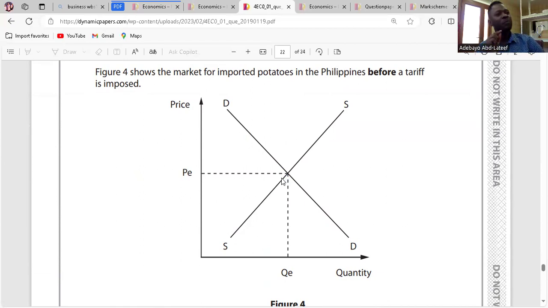An increase in cost of production will reduce the quantity supplied in the market of potatoes, from QE to Q1. That's a leftward movement. As a result, the supply curve will shift leftward from S to S1. Then you have to draw the graph now, because QE has moved to Q1 and S has moved to S1. They're drawing the graph.